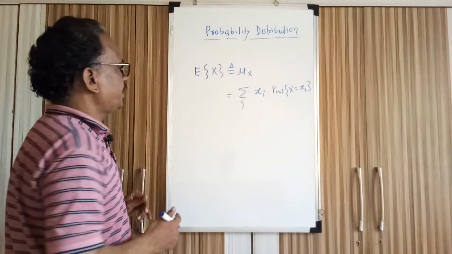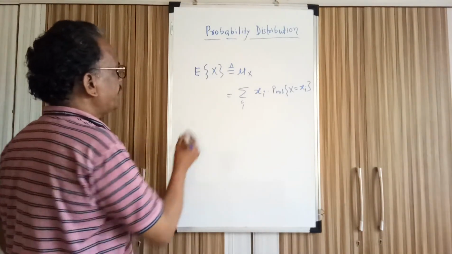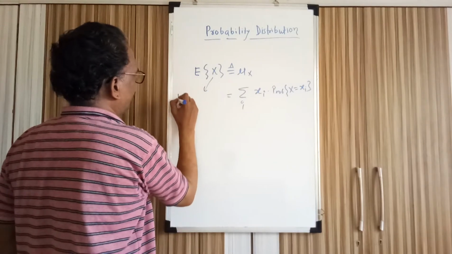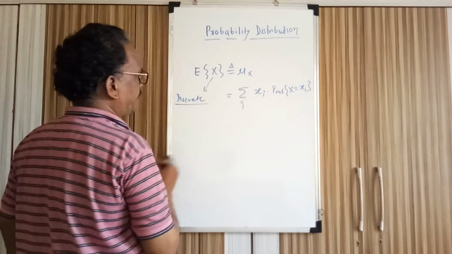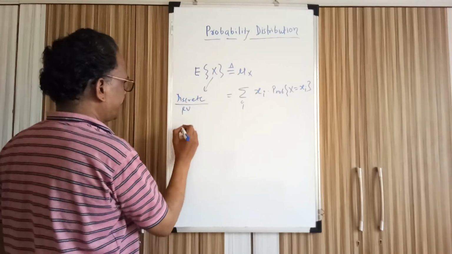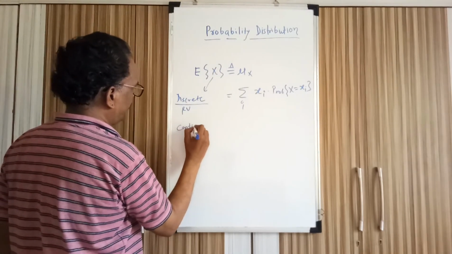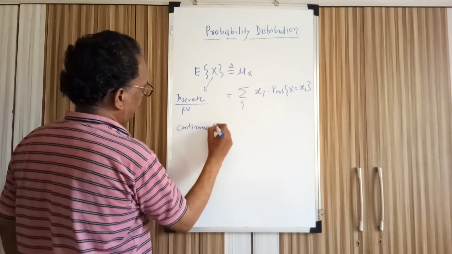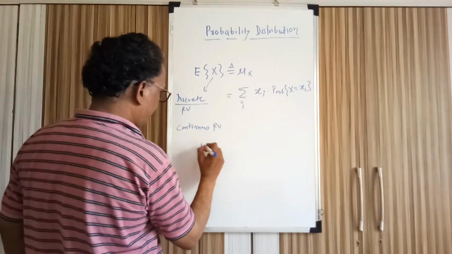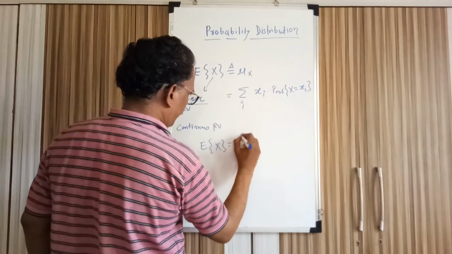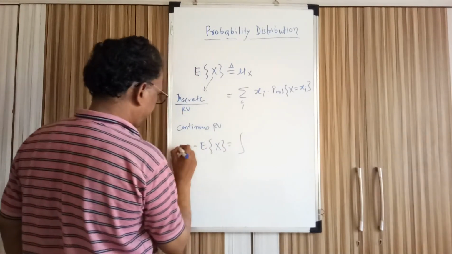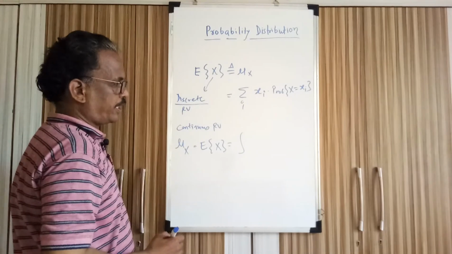So this we have seen when the random variable is discrete. If it is a continuous random variable, the definition of the expected value of X, also denoted by mu X, becomes the integral of x times fX(x), where X is a continuous random variable.